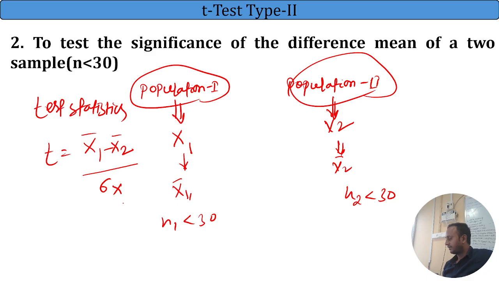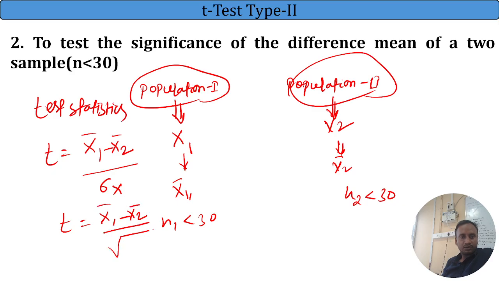What is sigma x? Can anyone tell? T will become x1 minus x2 upon the square root of sigma 1 square by n1 plus sigma 2 square by n2. Is it clear?